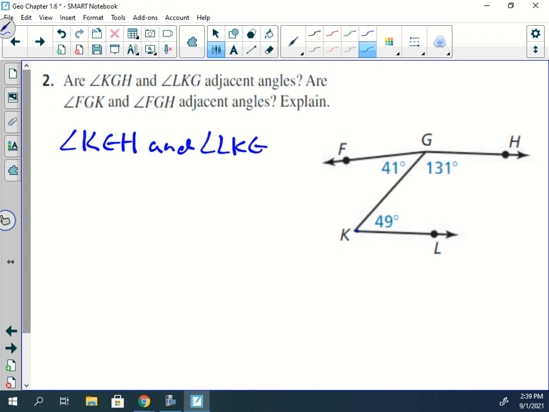So KGH and GKL, well, are these two adjacent to each other? Well, possibly, but that's not what it's asking.